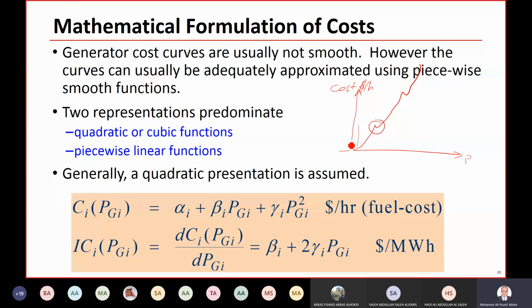Here, this reflects the valve opening action. If you need to increase the power, how do you increase the power output?